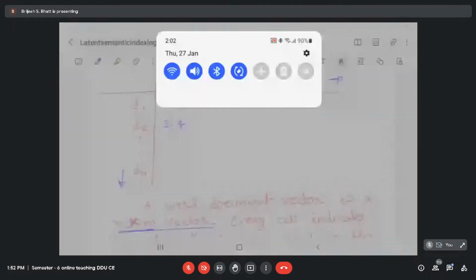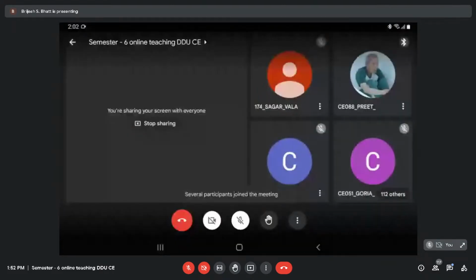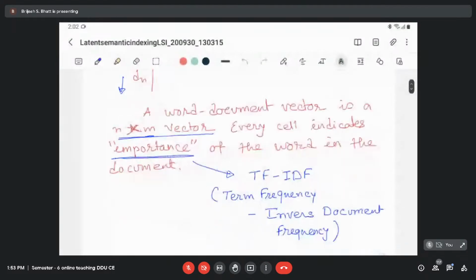So that is why it is not just term frequency, but also inverse document frequency.